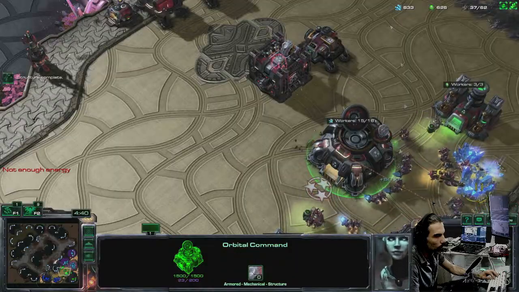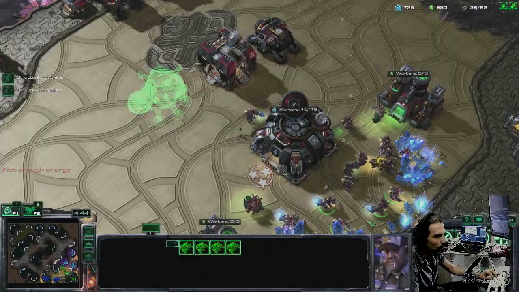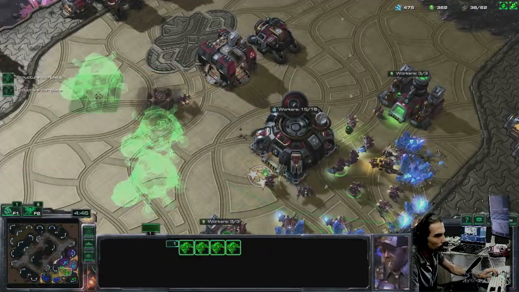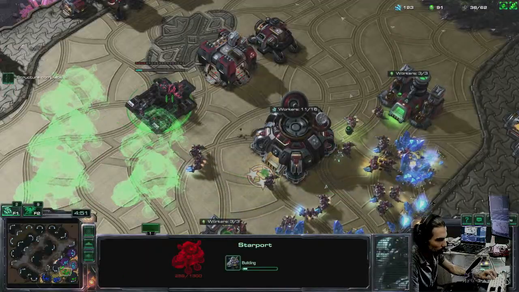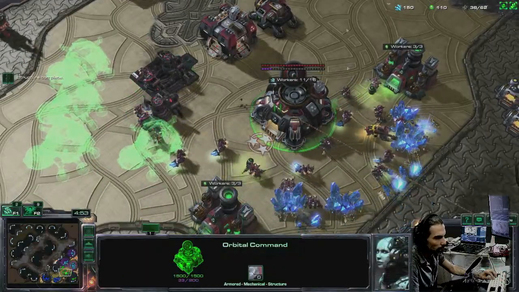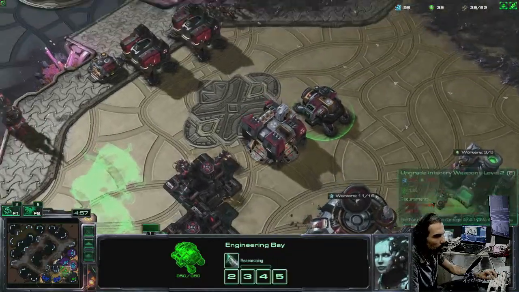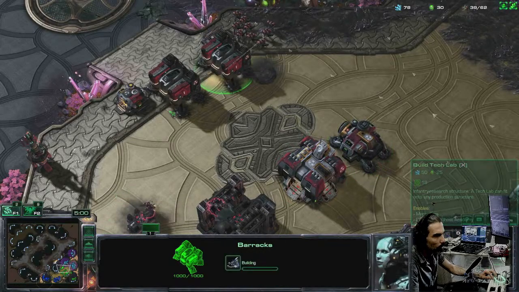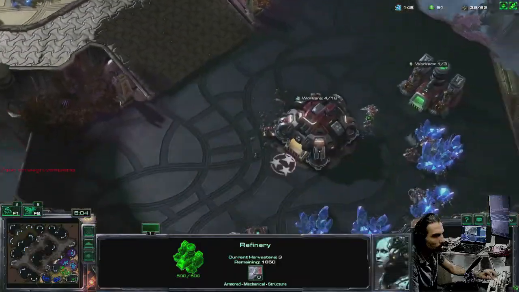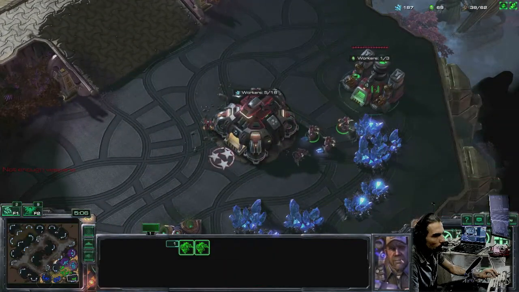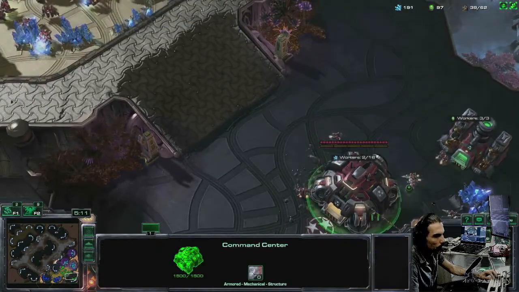SCV ready. Roger. SCV ready. Insufficient Vespene gas. What's going on? SCV ready. In the rear with the gear.